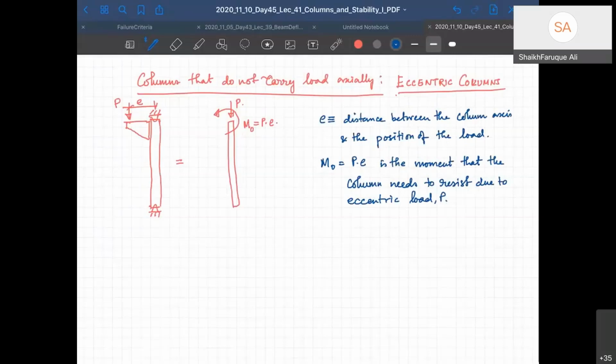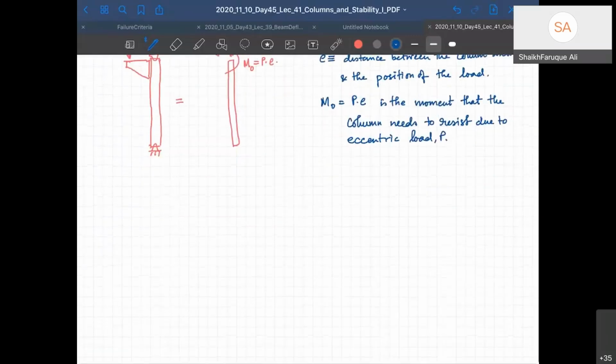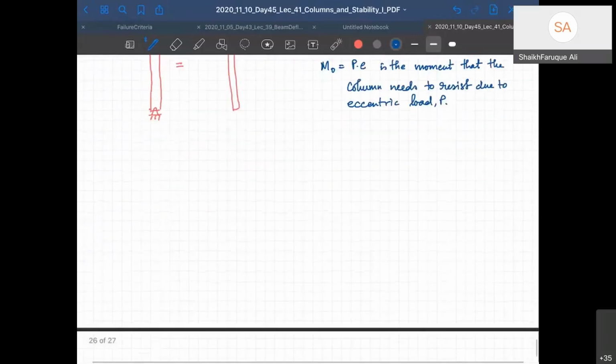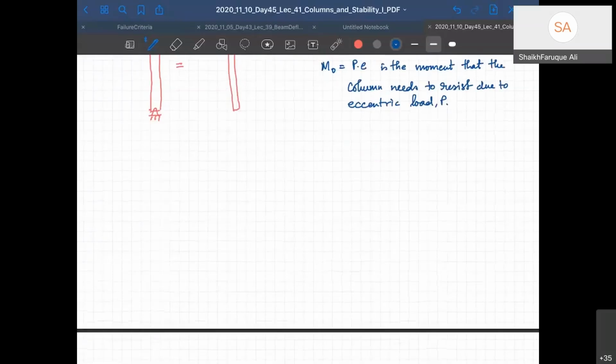Okay, so now you assume that your structure has bent. Now if it has bent, it will carry some bending moment. It will also now carry a bending moment because of its bending, like we did in the last part of the last class, right?